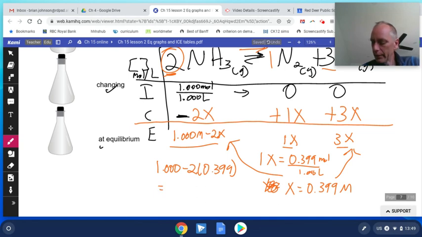And that is 0.202. Let's keep things simple on our sig digs, and we'll just go with 3 sig digs for all of these guys. And 3 times 0.399 is 1.197.